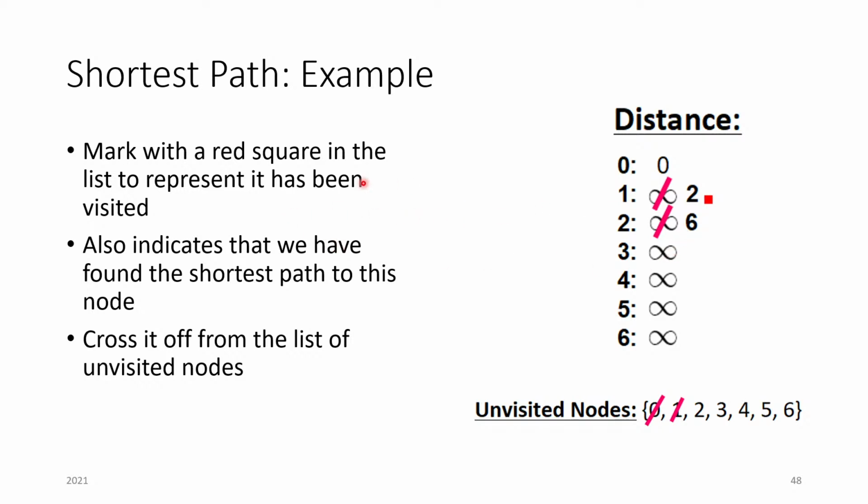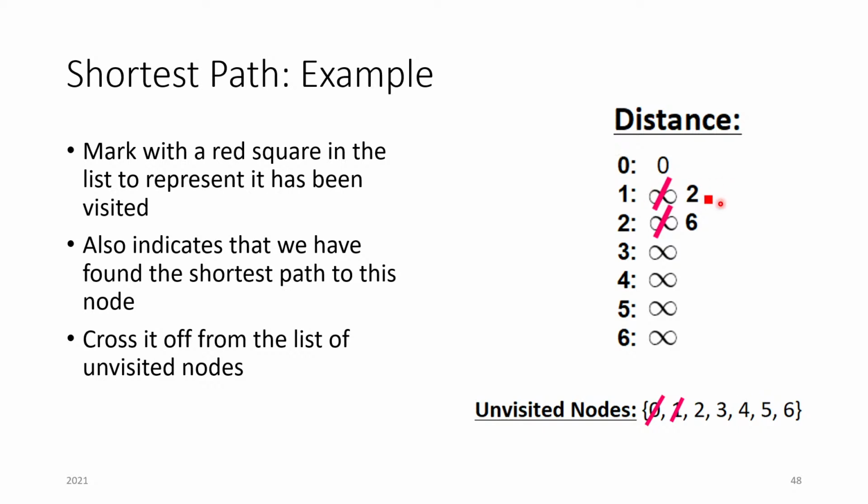Because we have visited node 1 as a result for our shortest path, and we have updated the distances as well, we also indicate with a red square visually here, okay, we found the shortest path to this particular node from 0.